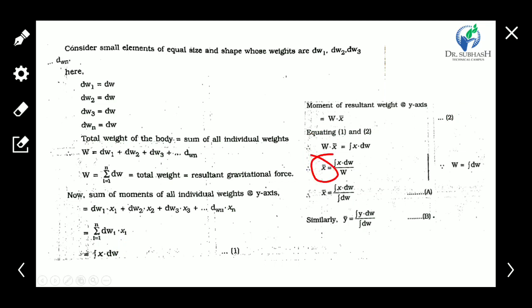Now if we want to find x bar, then x bar is equal to the integration of x dW upon W. Now we know that W is equal to the summation of dW, so we can say the integration of dW.